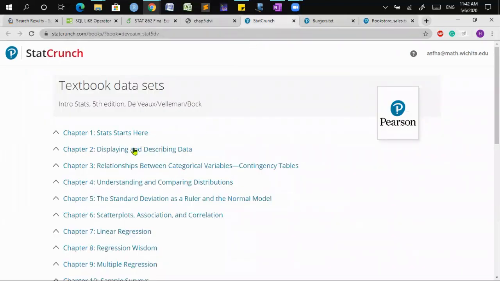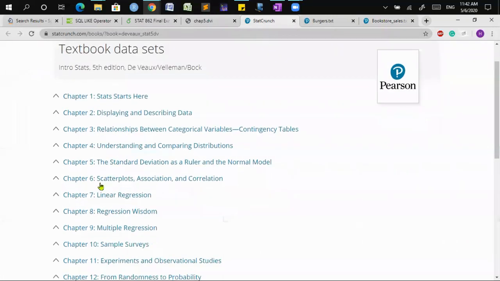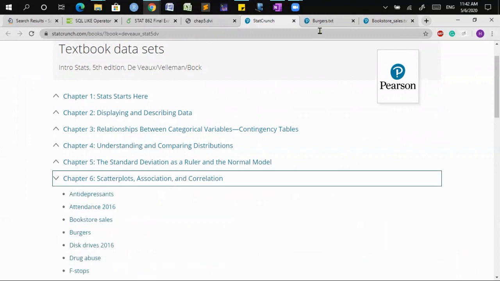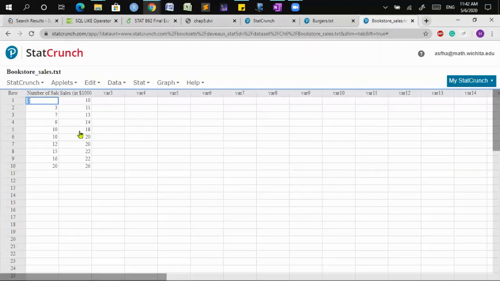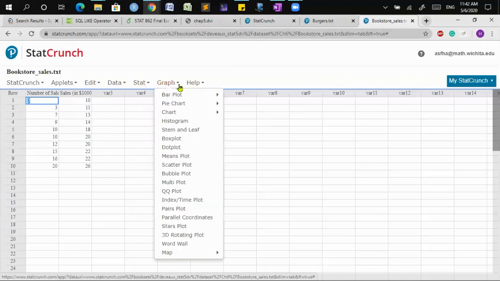These are the data. It is in chapter 6, scatter plots, association, and correlation. And here I have the data. So I wanted to create a scatter plot out of this, and I will go to graphs. And what is scatter plot?